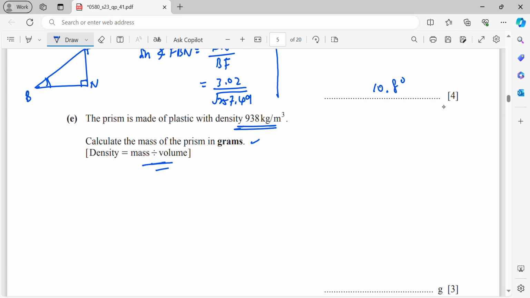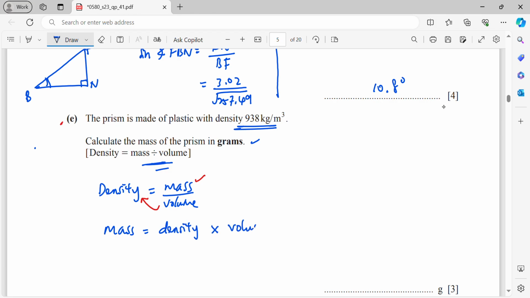Okay, based on this formula, I will just rewrite density equals to mass divided by volume. So to get the mass as a subject, this volume you move up. It becomes times. Therefore, mass equals to density times volume.